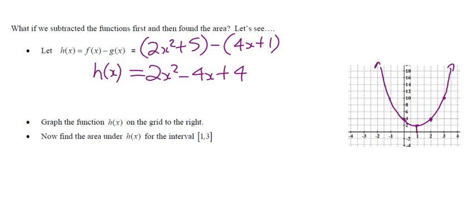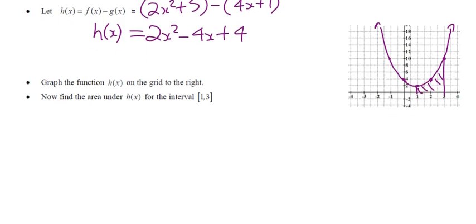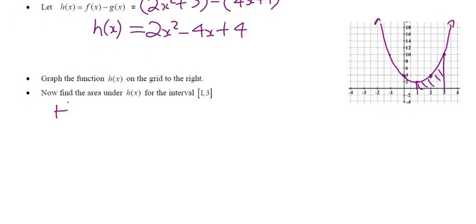Okay, and we're looking for the area under this curve. Okay, so we have graphed the function, sketched in the area, now find the area. So we're going to call it capital H of x. So what is capital H of x?